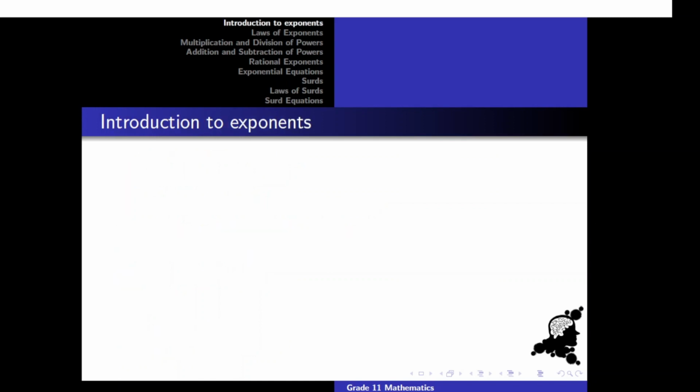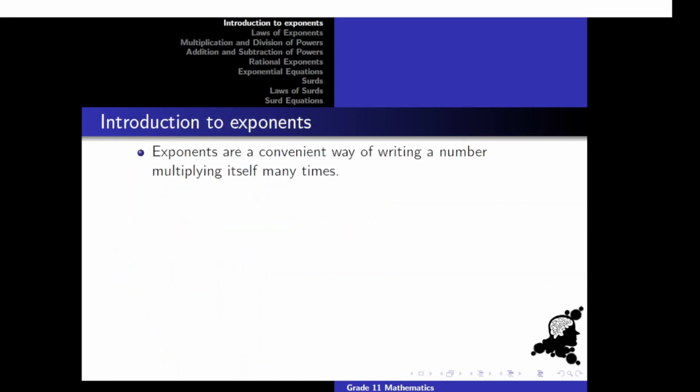Let's get started. So, what do we know about exponents? Exponents are a convenient way of writing a number multiplying itself many times. So, for example, if I had to say 2 times 2 times 2 times 2 times 2, you would notice I said 2 five times. So instead of repeating the 2 five times, I could just say 2 to the exponent of 5.